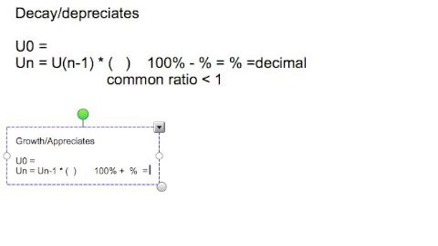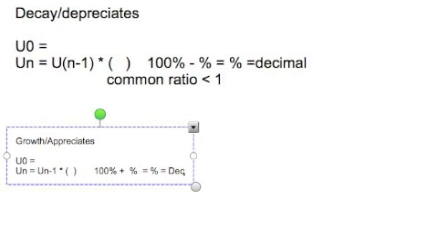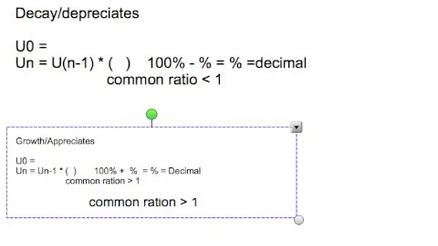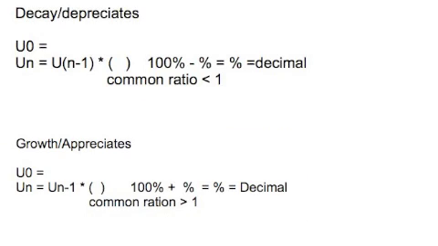That will give me another percentage, but again, don't forget to convert it into decimal before you put it inside the parentheses. That common ratio for an item that is appreciating in value or growth is going to be greater than 1. If it's greater than 1, it will grow, it will increase. If it's less than 1, it will decrease and it will go down.